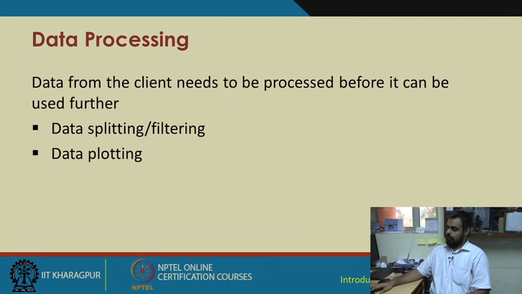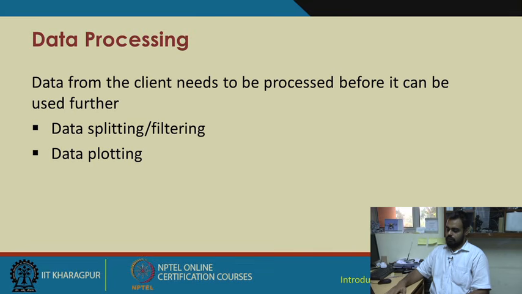As regards data splitting, since you have multiple data coming in from a client, which may be stored in the form of a CSV file or even in the form of a text file, if we need to access individual data, suppose you're getting temperature readings, humidity, maybe presence of gases, light intensity and so on.